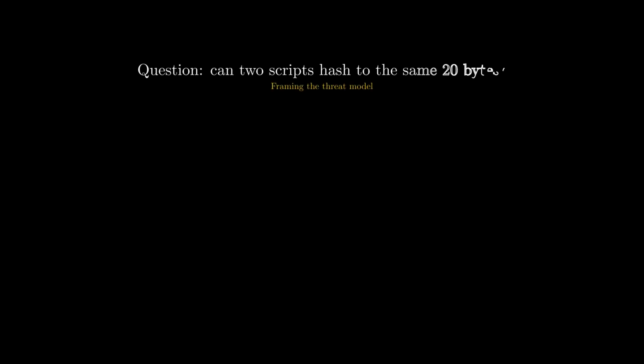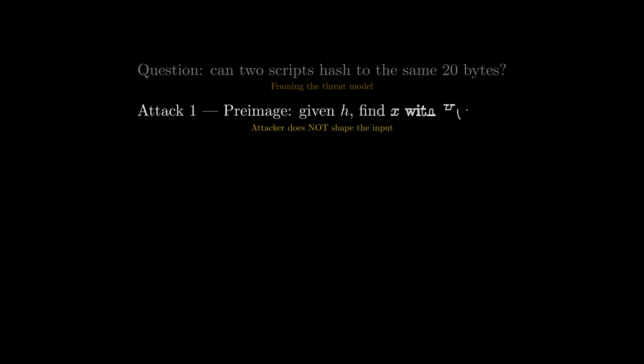And there is one attack where it almost doesn't hold up. Let's ask the uncomfortable question. What if an attacker finds a different script that hashes to the same 20 bytes? Three attacks matter here. First, pre-image resistance. The attacker only sees the hash and tries to invent any input that matches it.